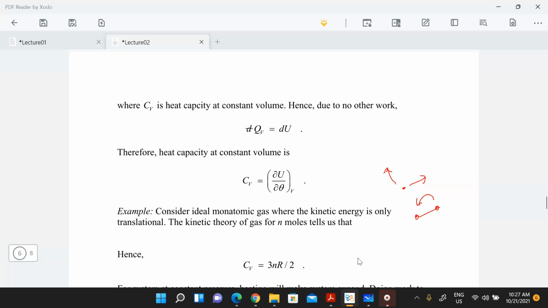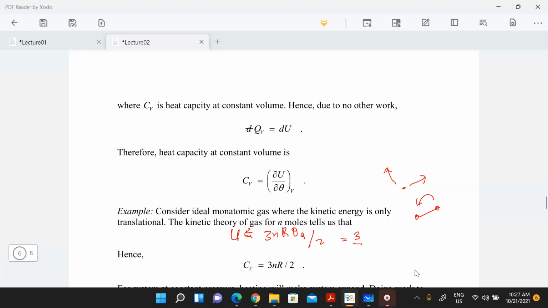So there, from kinetic theory of gas, I hope I'm right. Let me just check with the notes. Yeah, I left out that equation. U equals 3 over 2 N R theta.